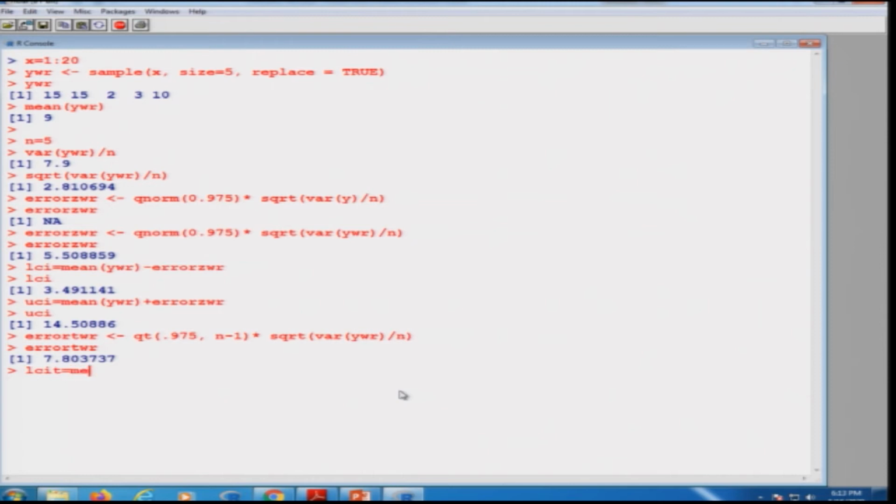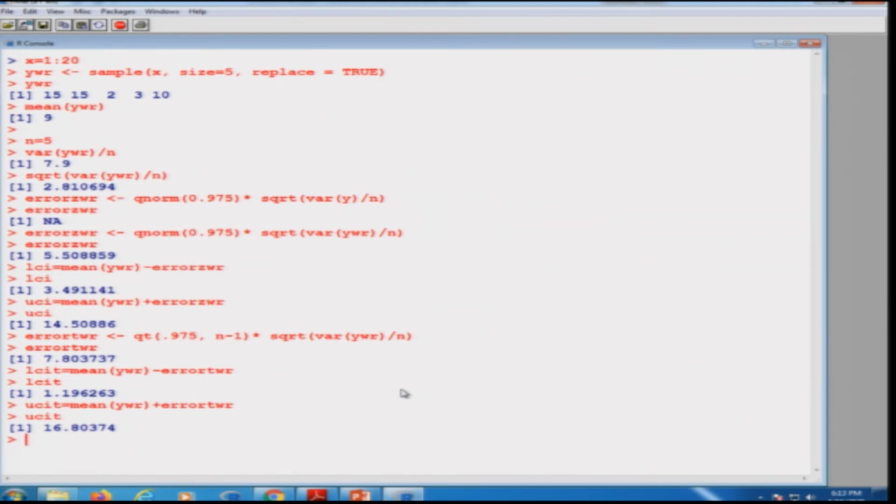This is mean of YWR minus error TWR. So, this comes out to be LCIT, which is 1.19, and if you try to find out the upper confidence limit, let me call it UCIT. So, this UCIT comes out to be 16.80.